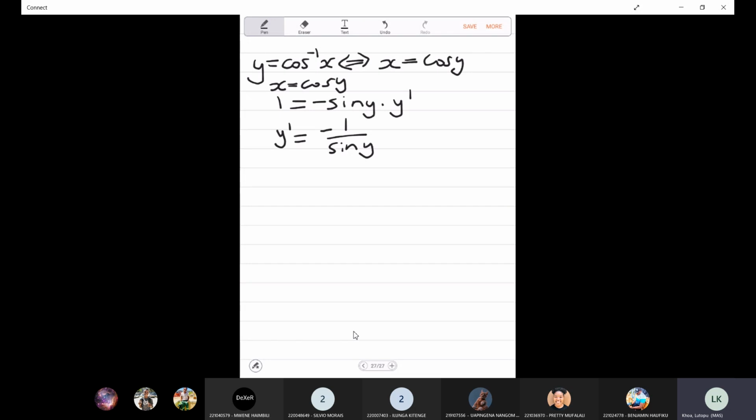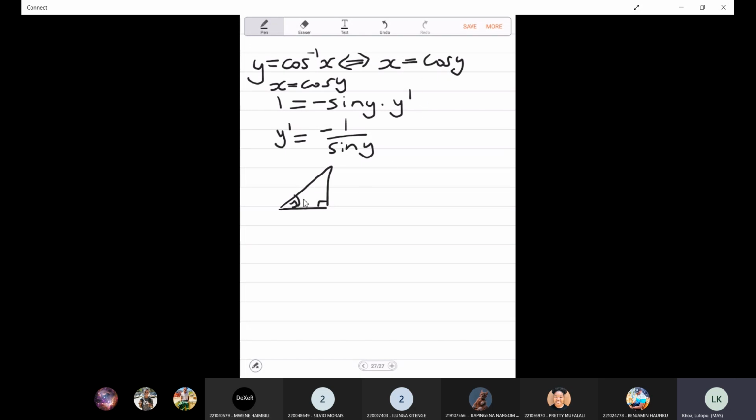Then, like we did in the previous example, what we do is we draw a triangle to represent x is equal to cos y. So this is a right angle triangle. You put y over here. Now remember, cos means adjacent over the hypotenuse.